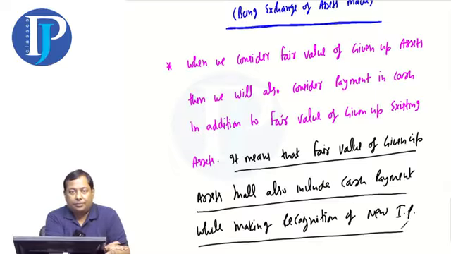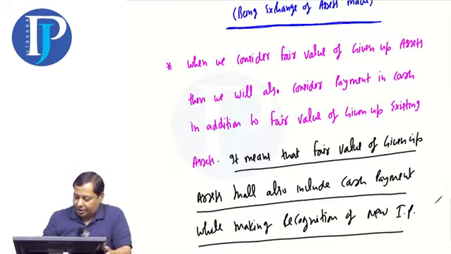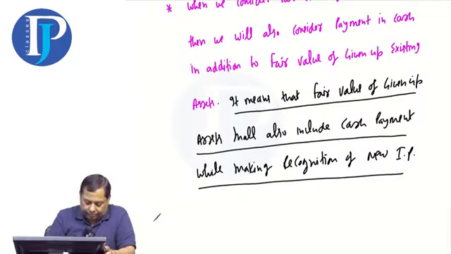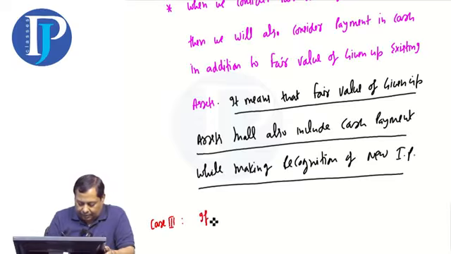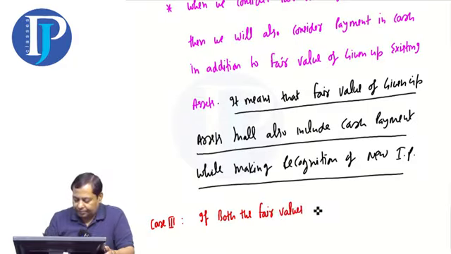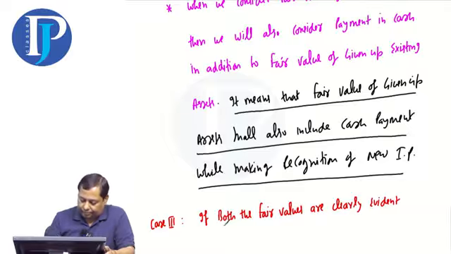Now third case. Case 1 and case 2 is done. Third case. You all create third case's heading. If both the fair values are clearly evident, what does both mean?